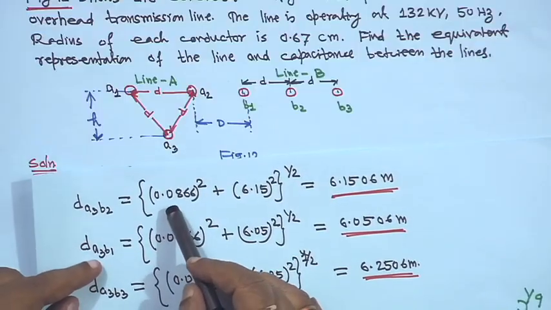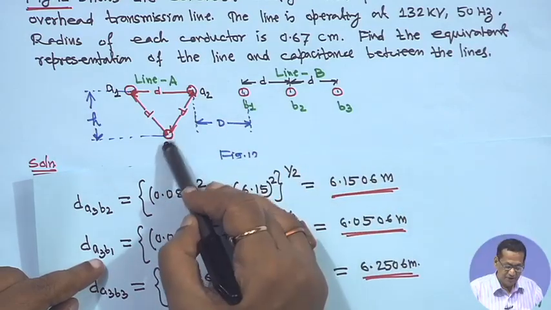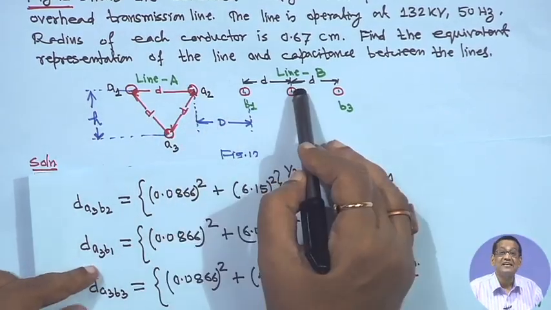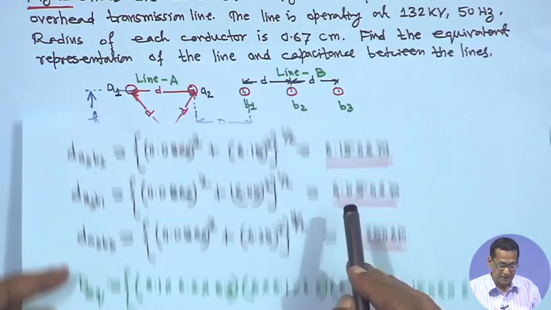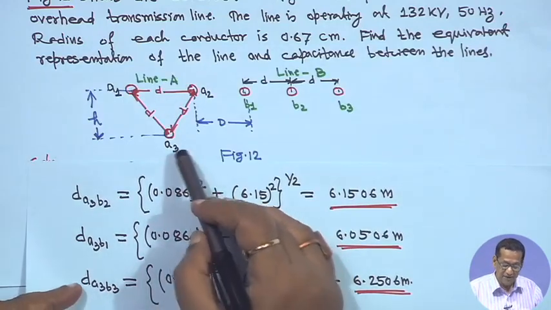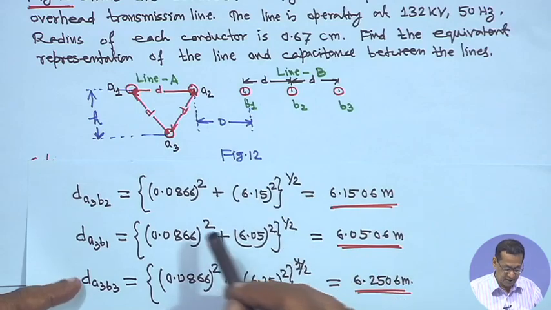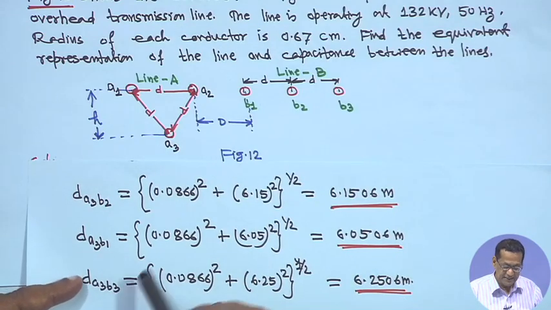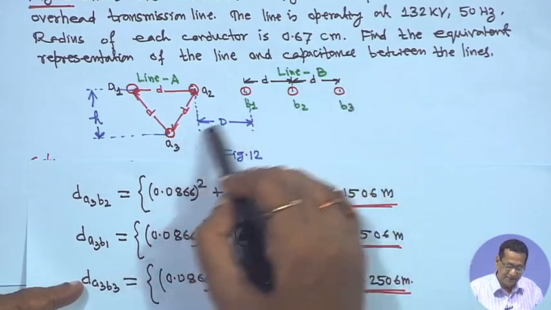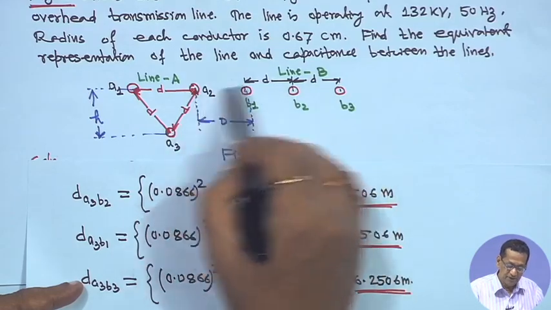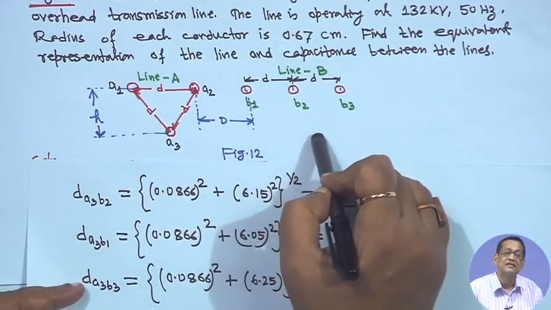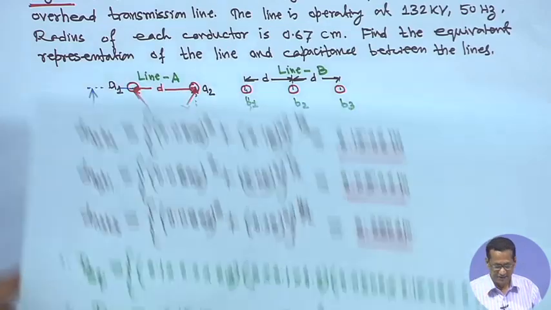Similarly, if you consider DA3 B2, you make it there and this will be a right angle triangle, right, all these things you calculate. Similarly, DA3 B1 and DA3 B3, all these 3 cases, 3 right angle triangles you make and accordingly you calculate, right.